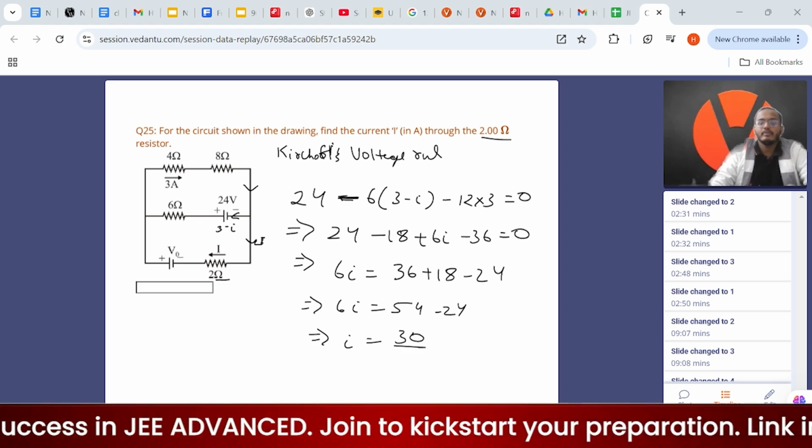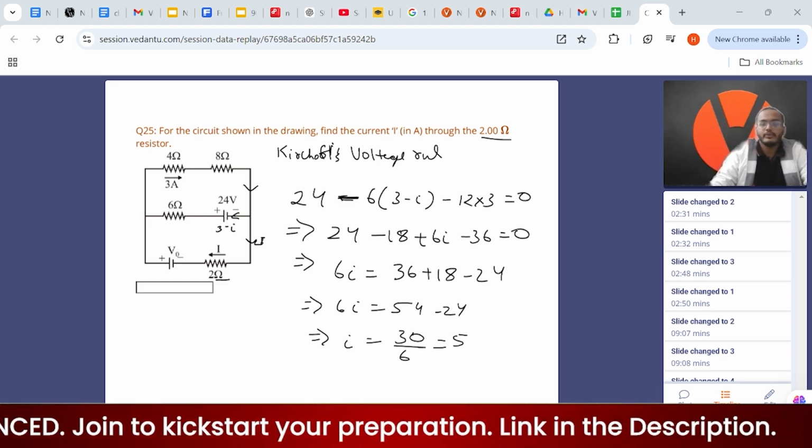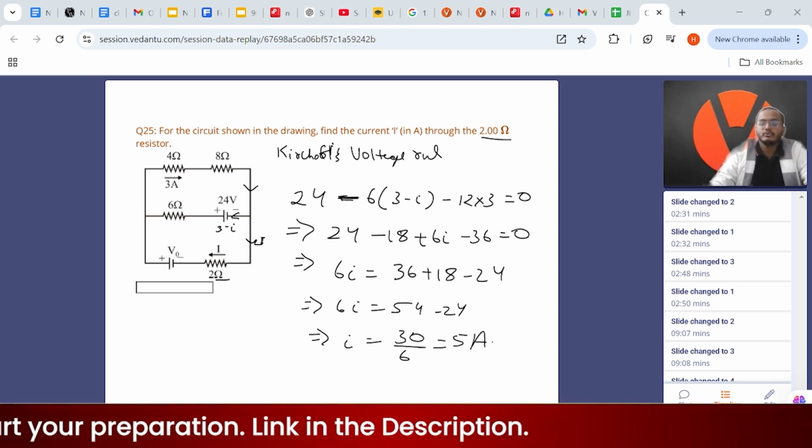From here, I will be equal to 30 upon 6, which equals 5 ampere.